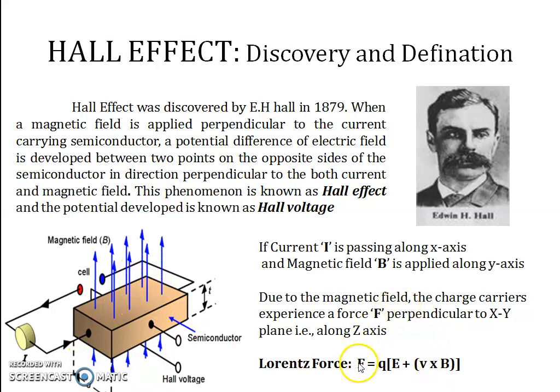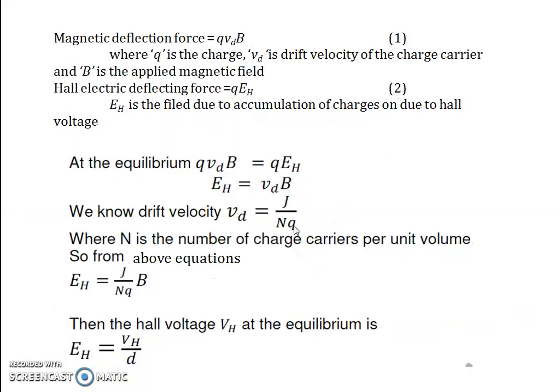This is given by F = QE + QV × B. The E here, the force they experience along this direction, is because of the Hall voltage, and we'll distinguish that using a different notation, E_H, for the field that is due to the Hall voltage.